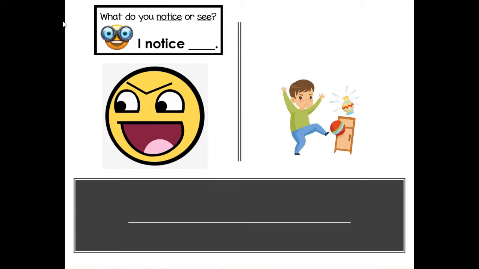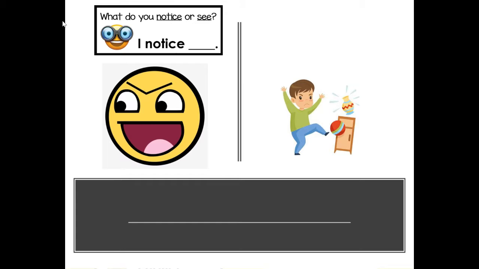So here's two pictures. Look closely at them. What do you notice or see in one or both of the pictures? So you can say, I notice or I see. Well, in the first picture, I notice an emoji that looks like he's going to get into trouble.